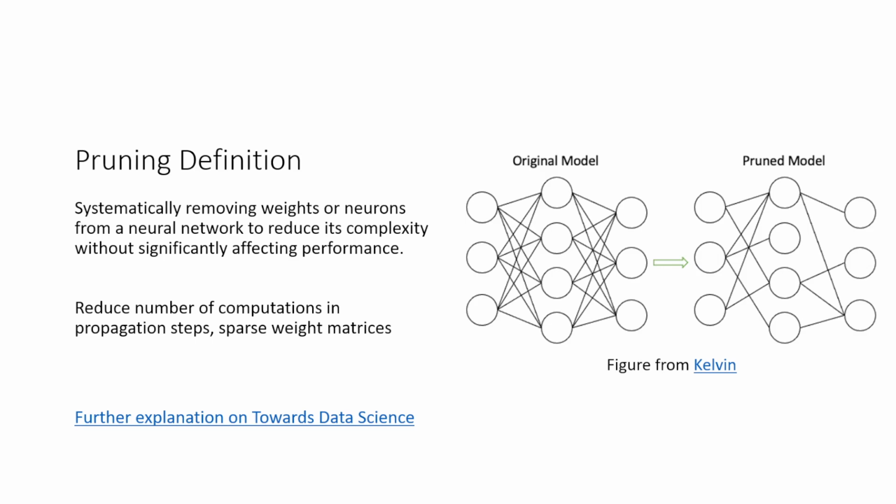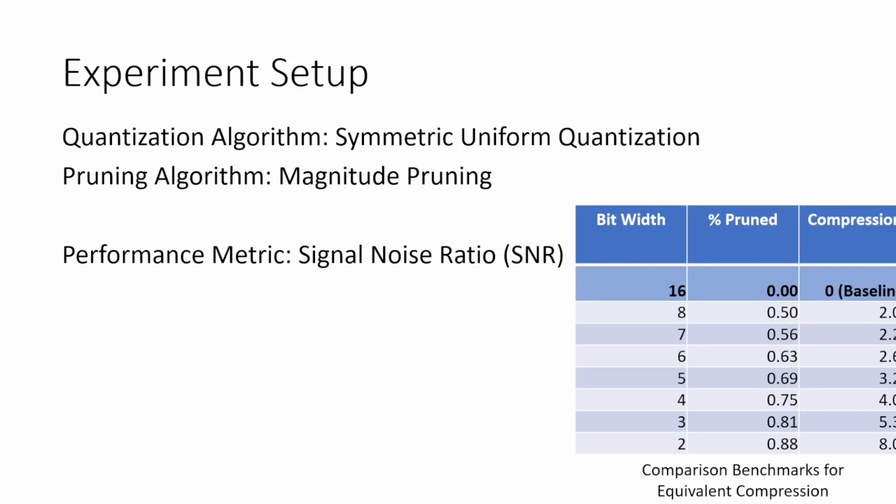But we're trying to discover which one really does better in terms of accuracy loss. The way that the Qualcomm team decided to go about this was by taking floating point 16-bit models and weights and compressing them, either using quantization, where you're reducing your bit width, which is this left column on the table, or you're pruning the network, meaning you're cutting out a certain number of the original weights, and that's this middle column.